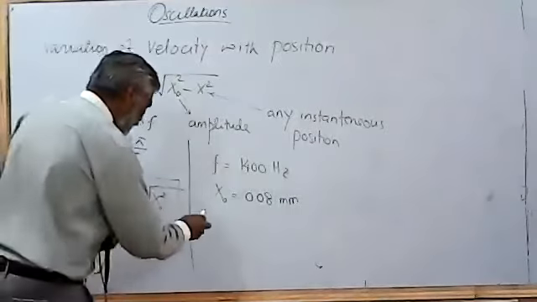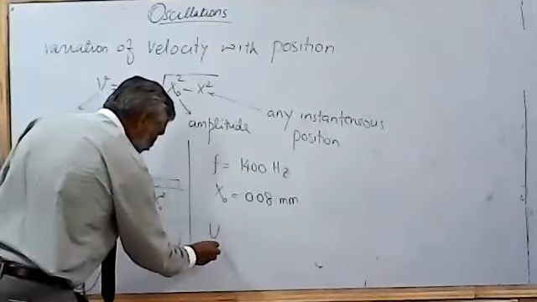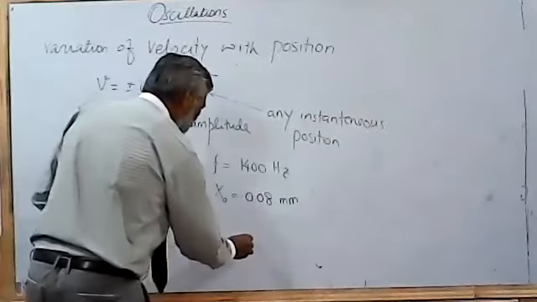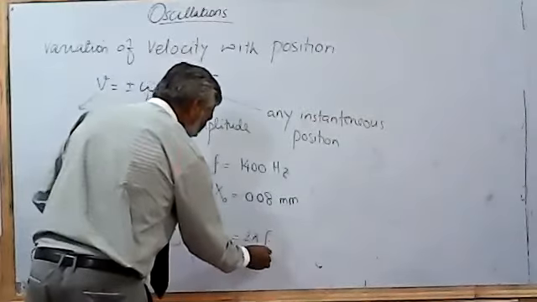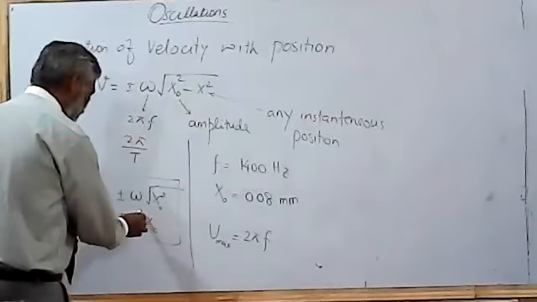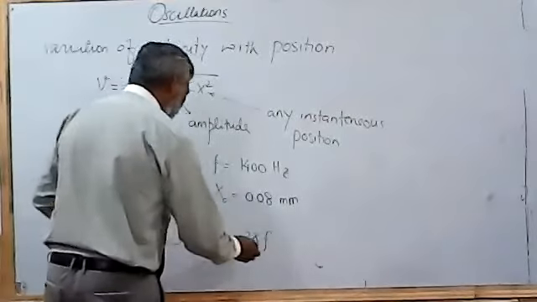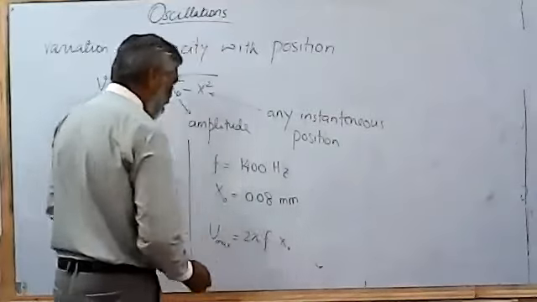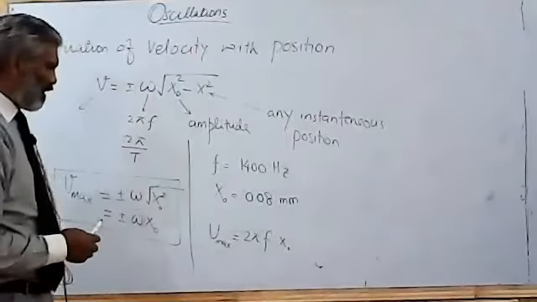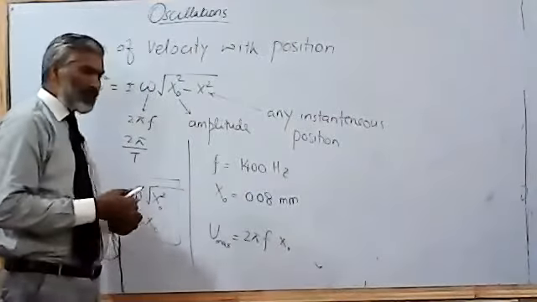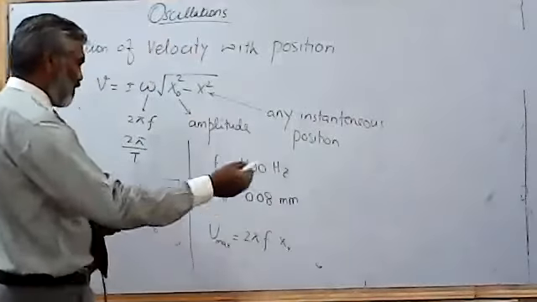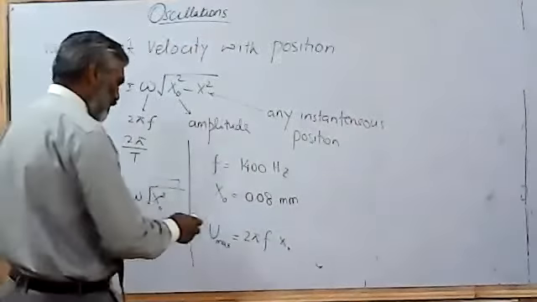So at the mean position, V max must be equal to 2 pi f, which is omega, and then x naught. So this is the maximum velocity with plus minus sign, which simply means it is either moving in the positive x direction or the negative x direction.